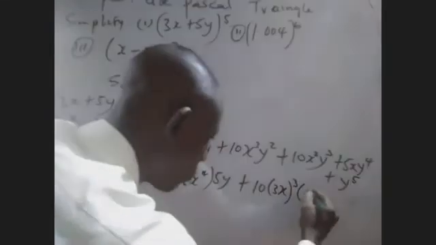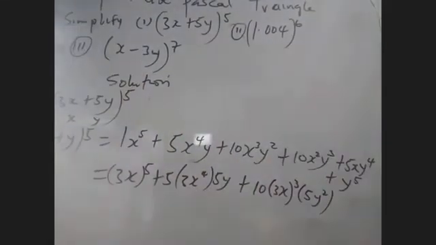Then this will now give you (5y) squared, because where you have y, you have 5y, and where you have s, you have 3s.